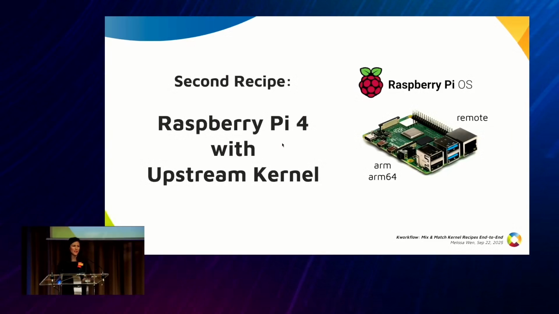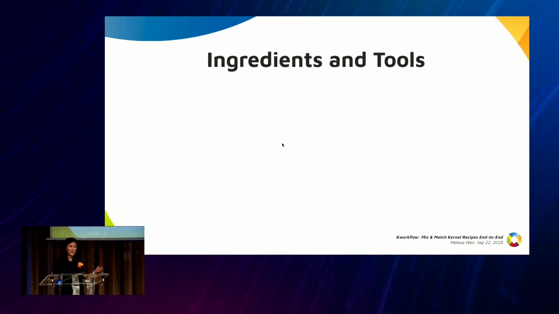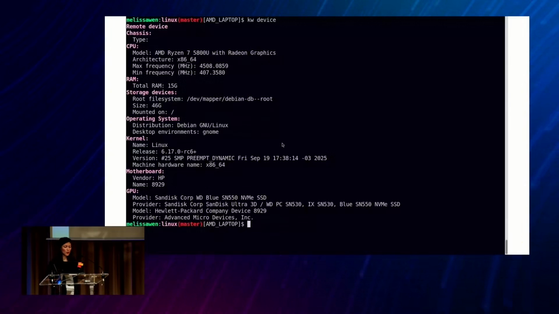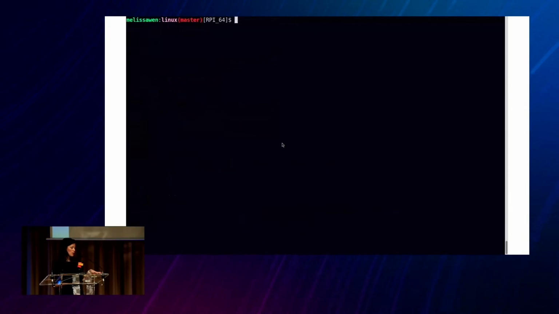Okay, the second recipe. Raspberry Pi 4 with upstream kernel. Then again, ingredients. But we can skip this part. It's kind of like changing scenarios in a TV show. We have in KW the environment command, the environment feature, that for example, I was working on an AMD laptop, and now I want to change to the Raspberry Pi environment.